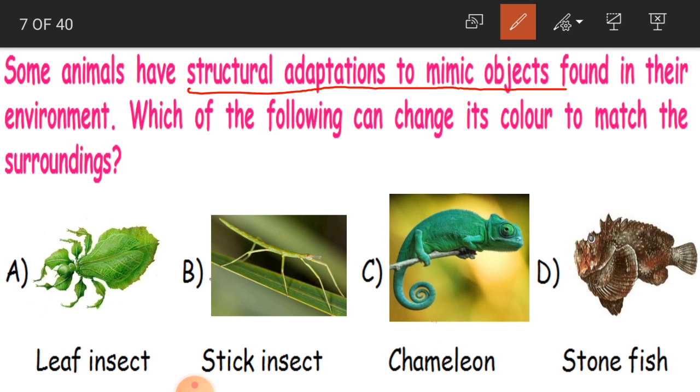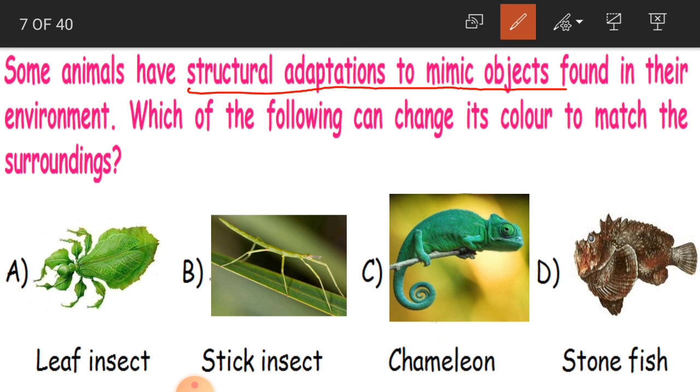Mimic means what? Mimicry. You have heard this word children, mimicry. What do we do in mimicry? We imitate somebody as they talk. We can change the voice according to their tone. So we call it mimicry, imitating somebody. So here even some animals can imitate objects.